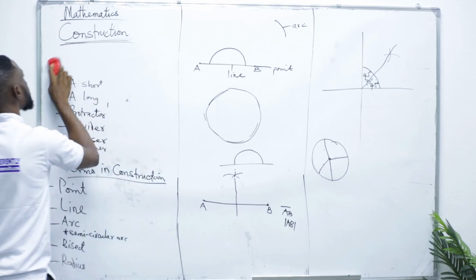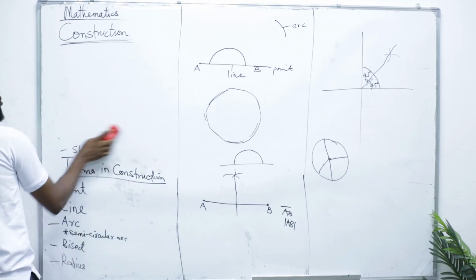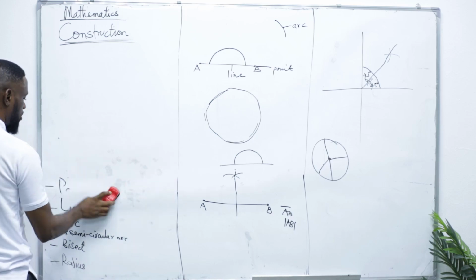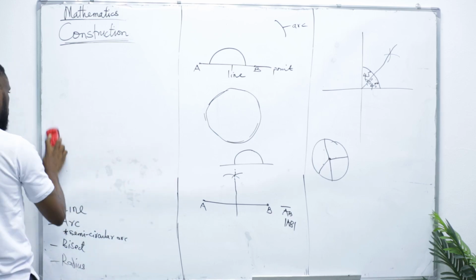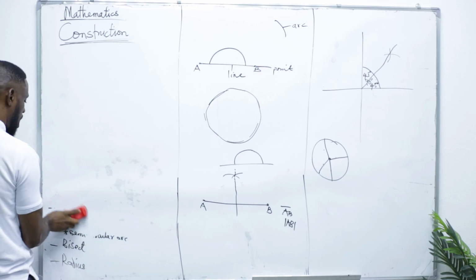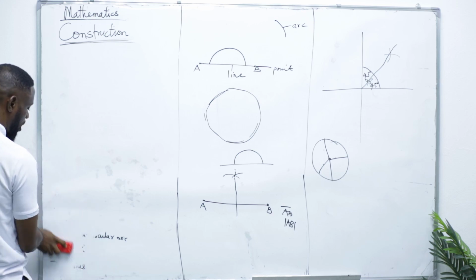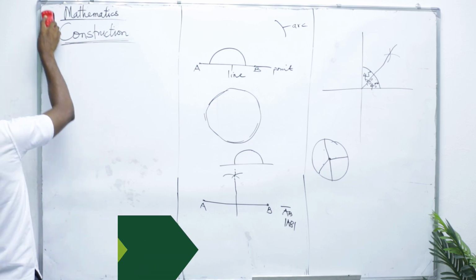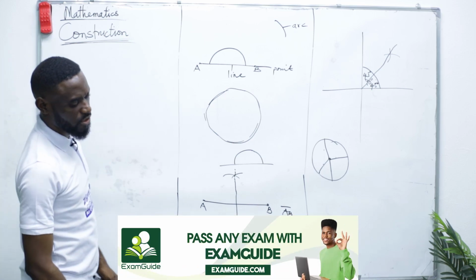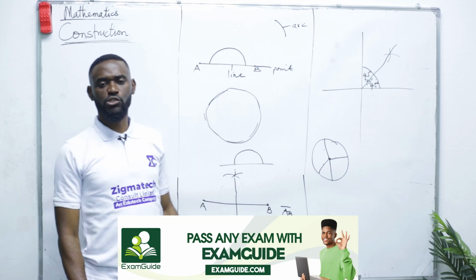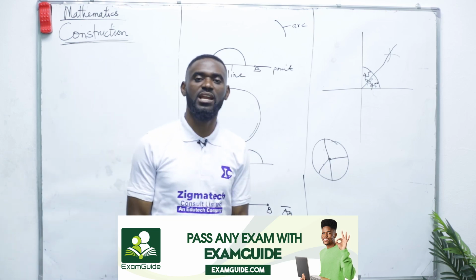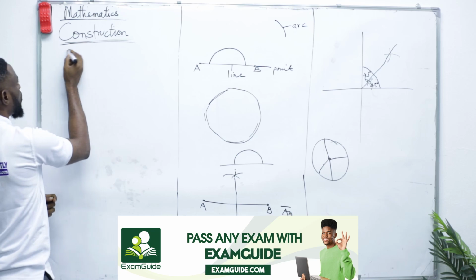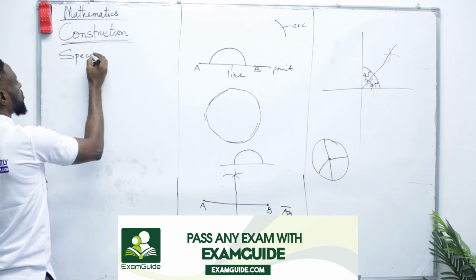Is it all angles that we can construct in mathematics? Now, the answer is no. There are some angles that we can construct, and we call those angles special angles.